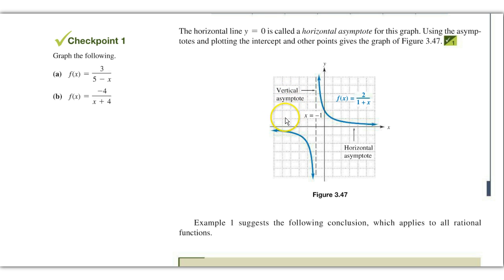Now also, if we note here, we get a horizontal line in which these graphs get closer and closer to the x-axis. So the x-axis here is our horizontal asymptote.